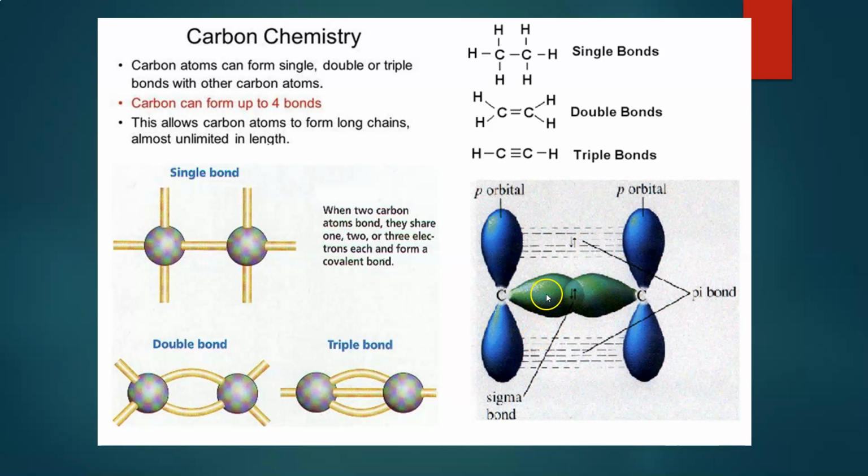The bond that is face to face is a sigma bond, but those that are not face to face, that are in the space, are between the p orbitals, are called pi bond.